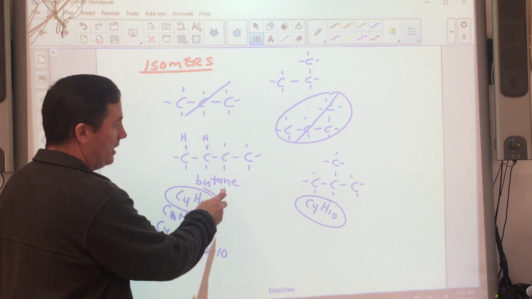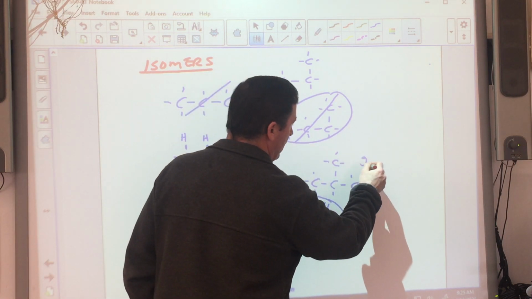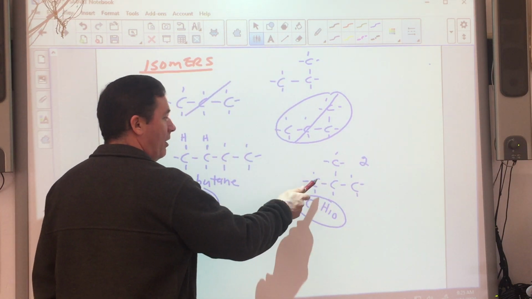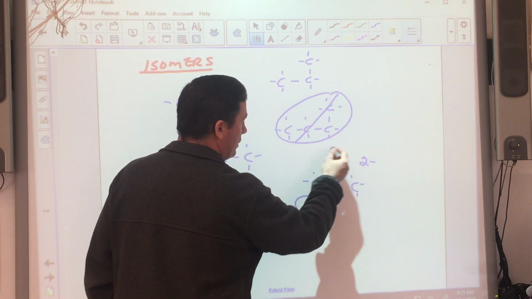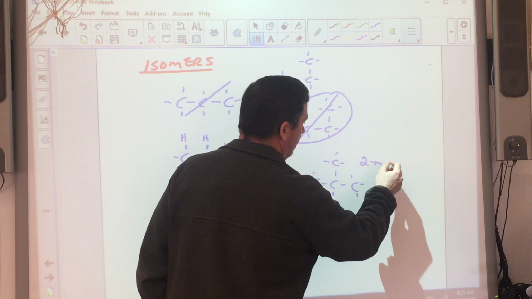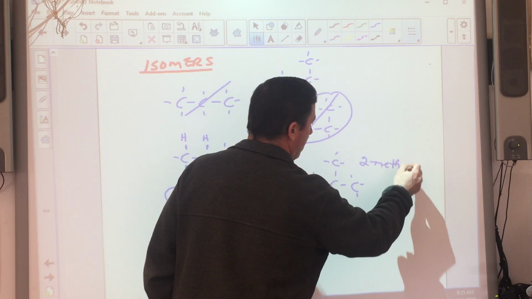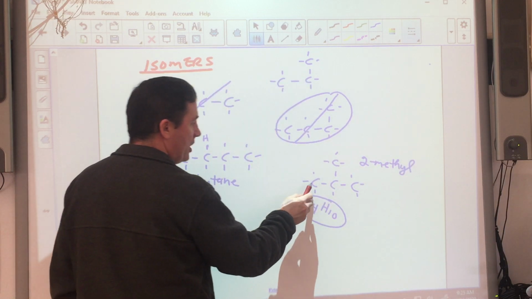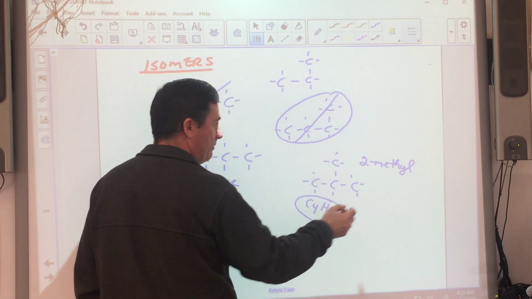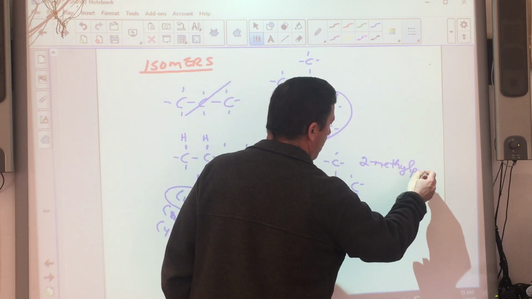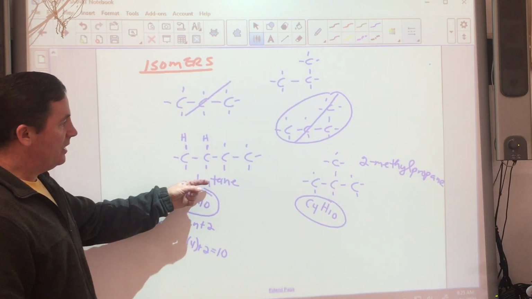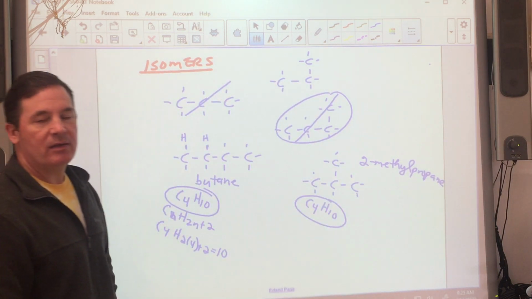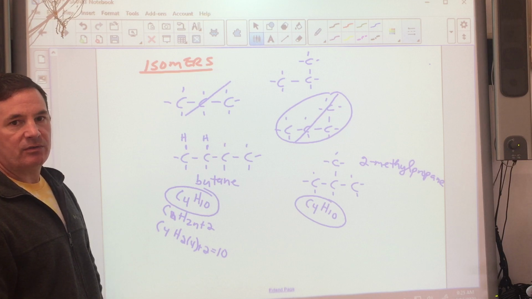This is butane, and hopefully by now you can name this. This is 2, and this is the substituent group, methyl. What's my long chain? 3, and 3 is prop. So butane and 2-methylpropane are isomers of each other.